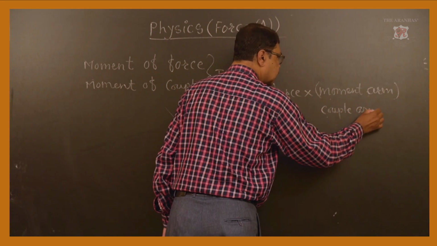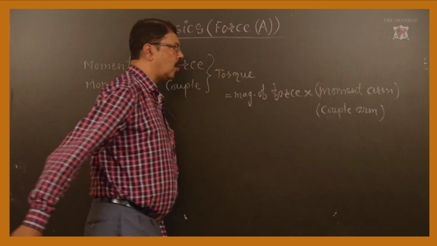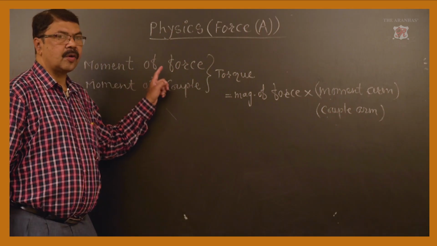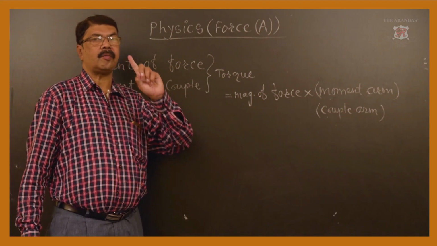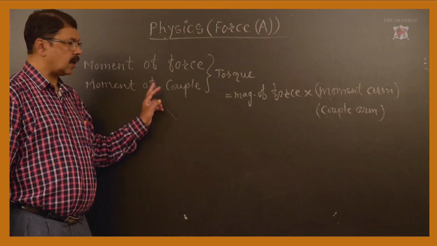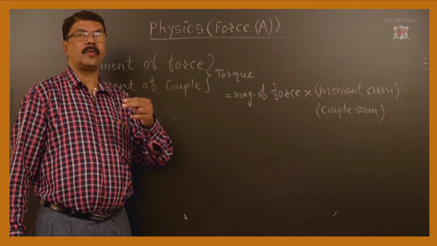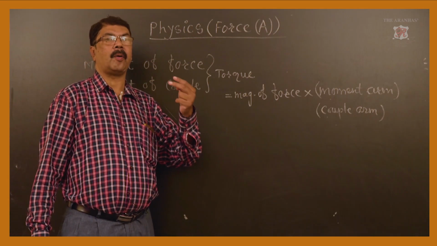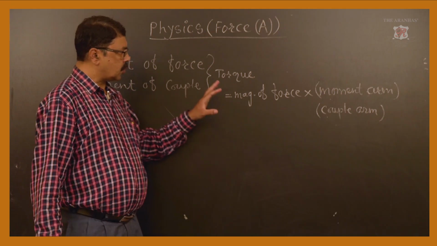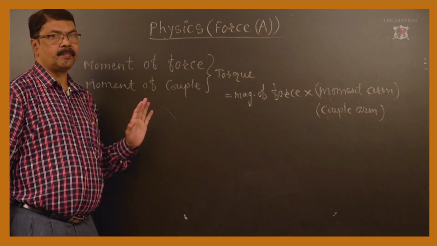So, both the terms have the same meaning almost, only thing in case of moment of force you will be dealing with one force, whereas in moment of couple you will be dealing with 2 equal and opposite forces acting at 2 different points of the object. So, both of them are almost same.